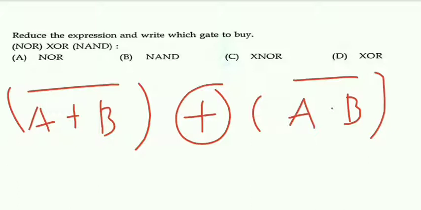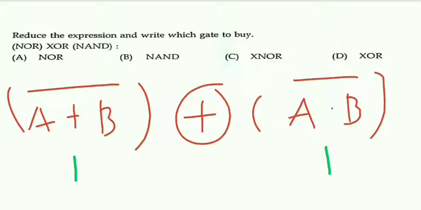From this we can understand, for example, suppose you are having two inputs, we can have four combinations: 0 0, 0 1, 1 0, 1 1. Let us substitute same input. If you substitute either 0 0 or 1 1, let us assume A 0 B 0, NOR will give 1, because A plus B is 0 plus 0 is 0, complement 1.